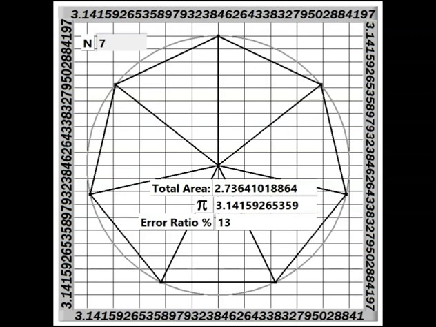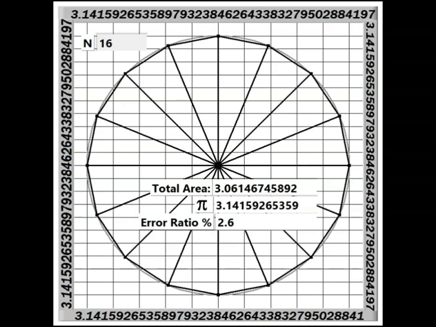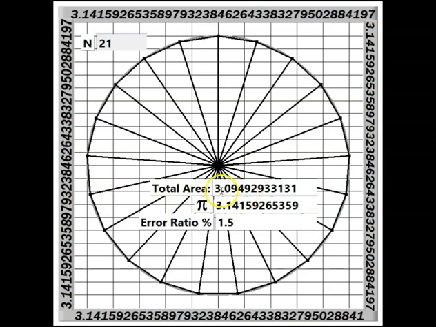5, 7, 9. And as we see, as we increase the number of polygon parts, the area outside the polygon is getting smaller. That is the error between the area of my polygon set and the circle. And as we continue on out, we see that we're starting to approach the right answer for pi.